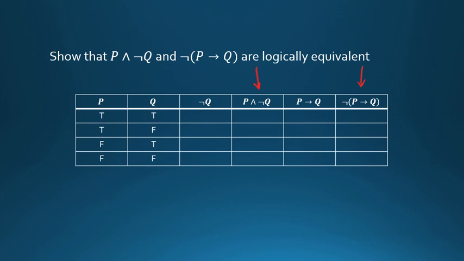So first, let's fill in that column for not Q. T's become F's, F's become T's when we're doing the negation. So FT, FT.